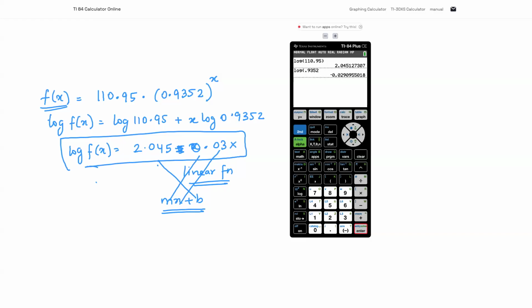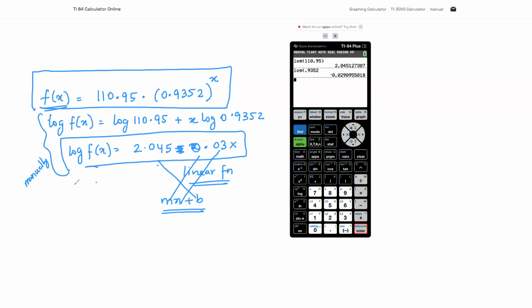In making that exponential regression, we wrote down the exponential regression equation, and then we did this manually. Took log on both sides to show that if you take the log of the same function, then you get a linear graph. The function automatically turned into a linear function.